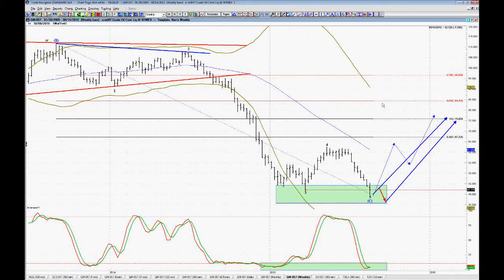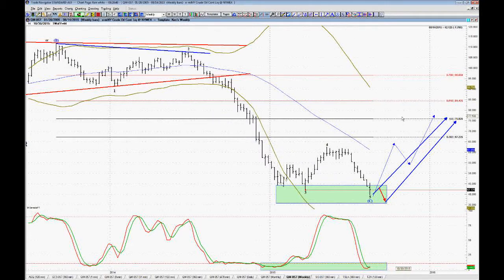So these first three, the 38, the 50, and the 62, which I round up, so 38%, 50%, and 62% retracement levels, these are the three most common bounce targets.